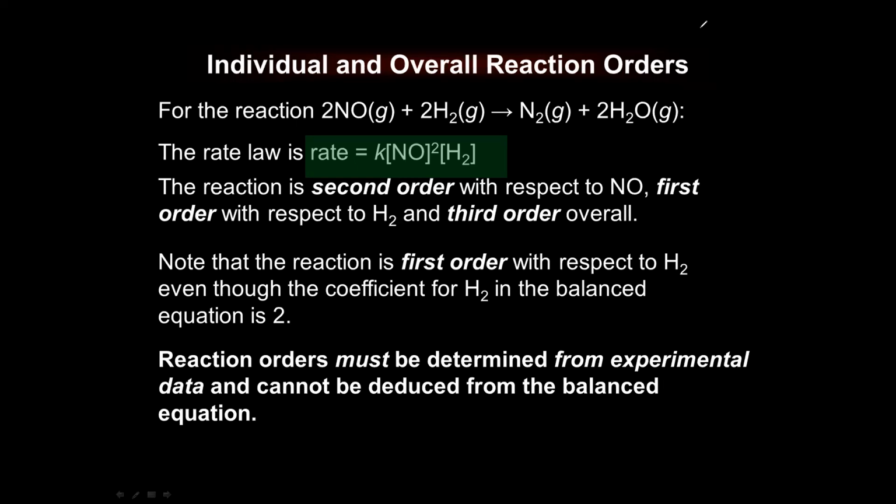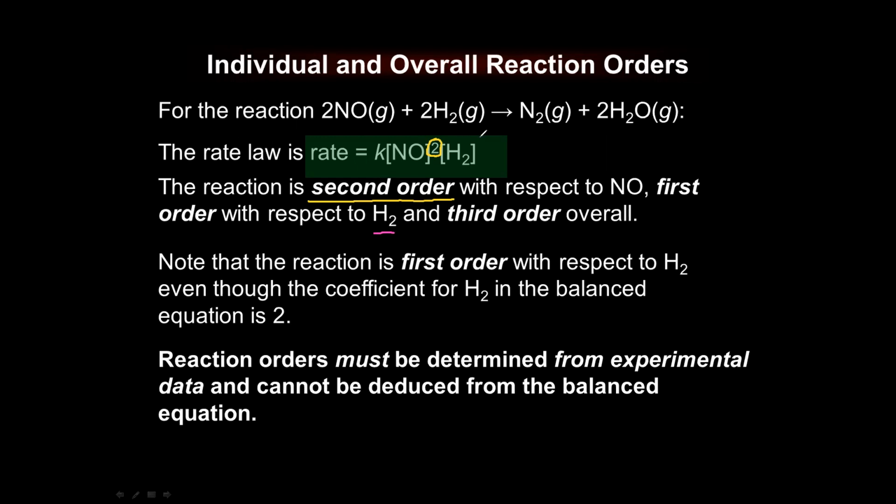Where we get these numbers from: we have our NO, and we have that squared there. So right, that 2, that's where we're getting the second order from. First order is going to be with respect to hydrogen gas.